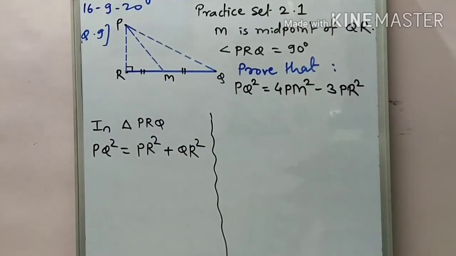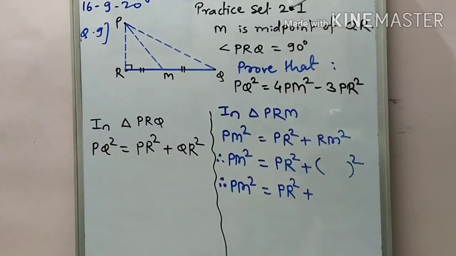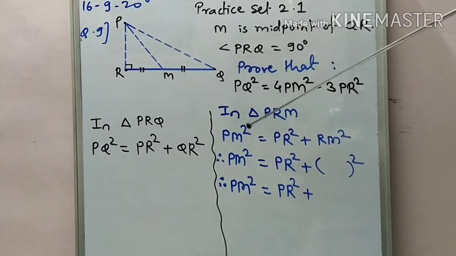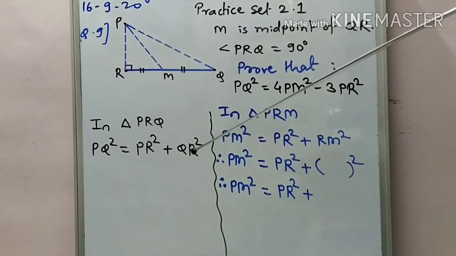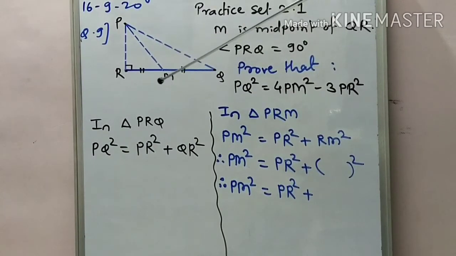So what we do here, students, pay attention. In triangle PRM, this smaller triangle, which is also a right angle triangle, using Pythagoras, the hypotenuse is PM, so PM square equals PR square plus RM square. We want to replace QR with PM, but we cannot directly replace it. So first we replace RM in terms of QR.